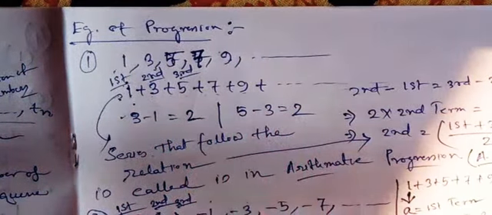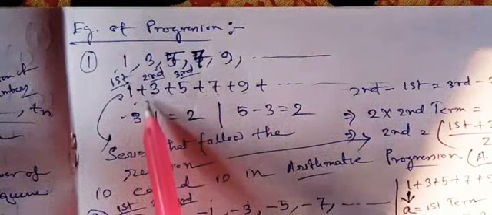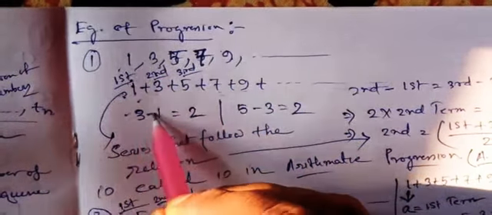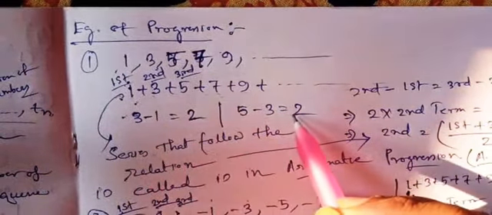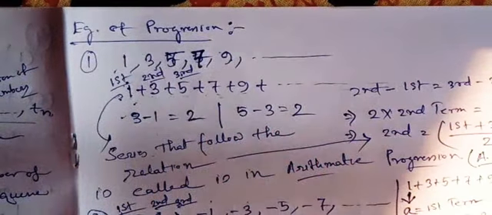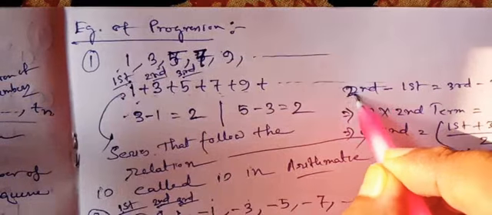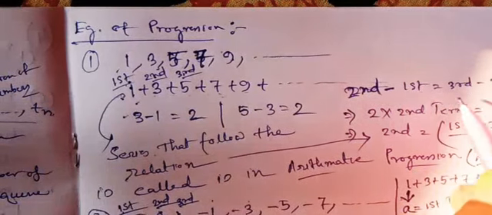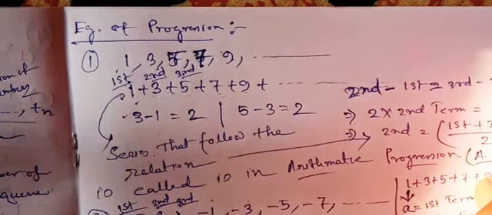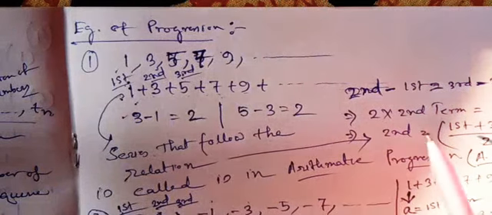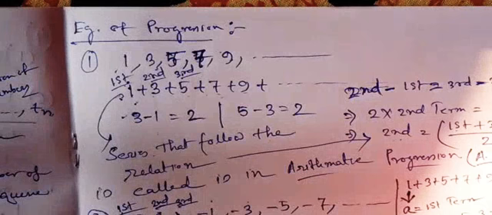Now here, if we see the relation between the terms, 3 minus 1 is equal to 2 and 5 minus 3 is also equal to 2. That relation is: second term minus first term is equal to third term minus second term. That gives second term equals first plus third divided by 2.